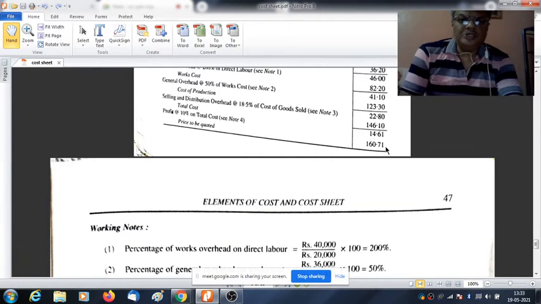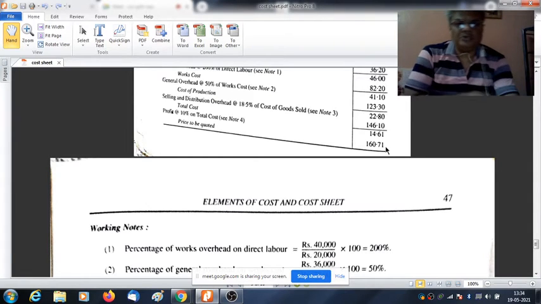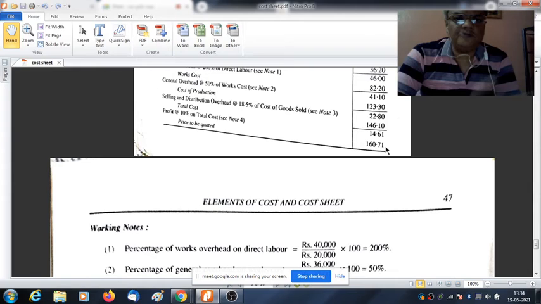So they have computed this on a unit price basis, or alternatively you can compute it on the value basis also. I would request you to compute on the value basis as well as the unit basis. Assume the unit is 1000 units, and based on that you compute value basis plus unit basis, depending on what the problem asks for.